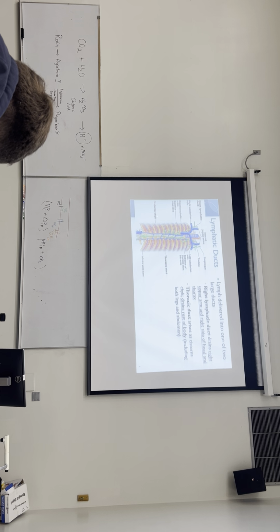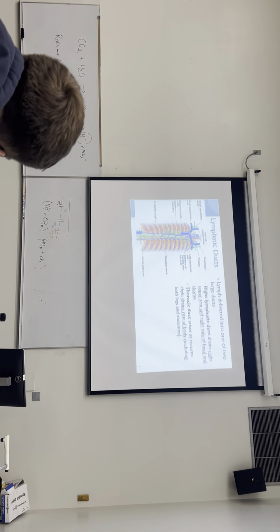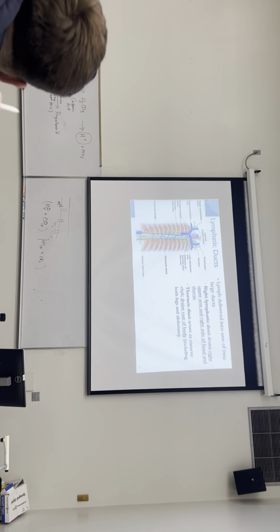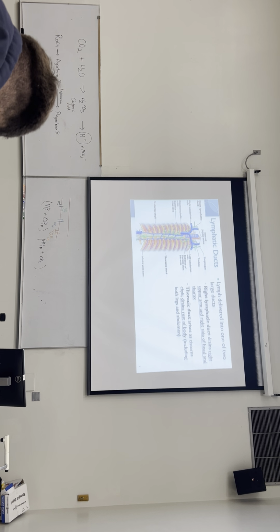So all of those collecting ducts eventually drain into two main vessels: the right lymphatic duct and the thoracic duct. There is no left lymphatic duct. But you have to think of it as a nice image. I don't think it was in our textbook. This was a different one.